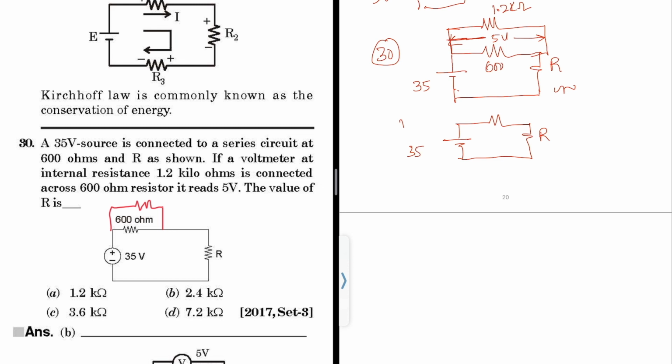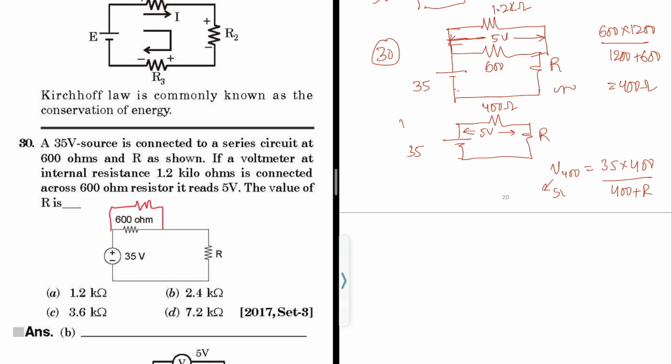35 volt. So these two are in parallel. So 600 into 1200 by 1200 plus 600. So it will become 400 ohms. So 400 ohms and the voltage is 5. So by voltage division, voltage across 400 equals 35 into 400 by 400 plus R. So this we know as 5 volt.